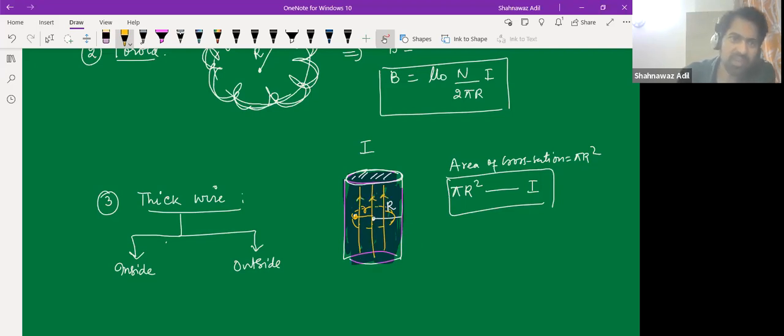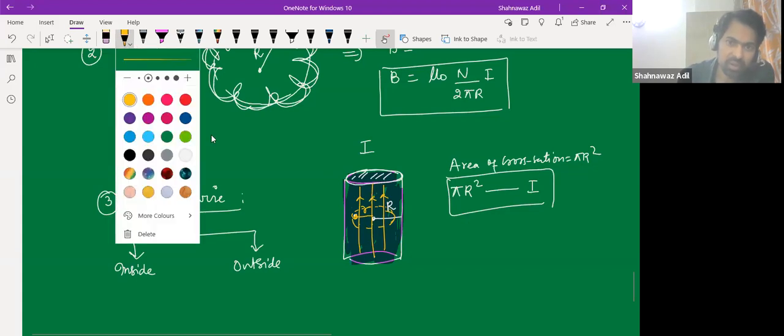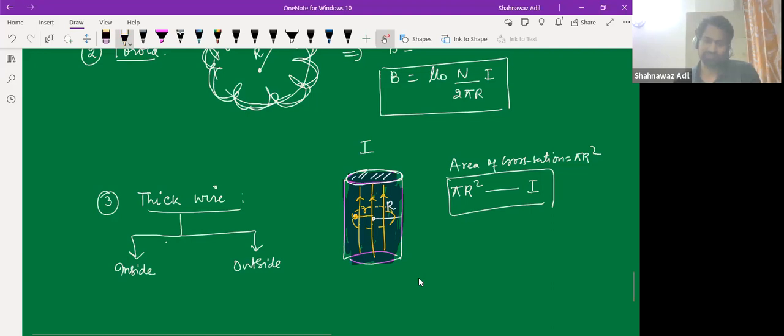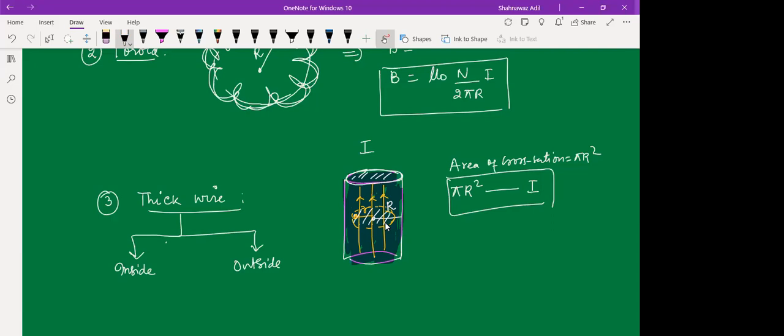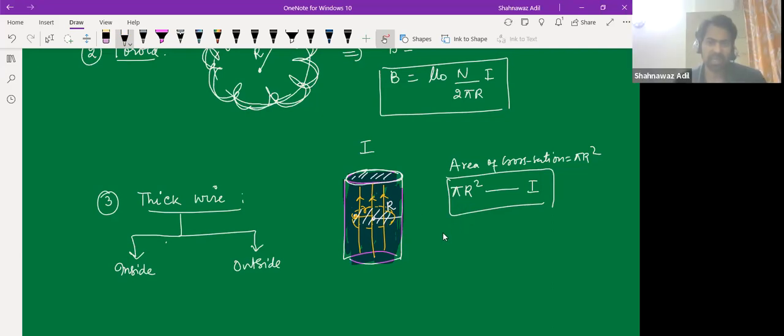How much current will flow in this small Amperian loop? What is this area of cross-section? Pi small r square, right?